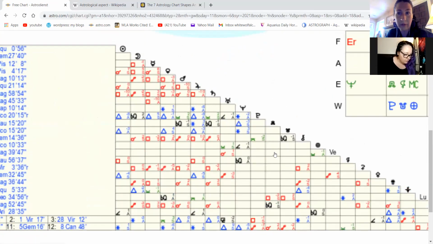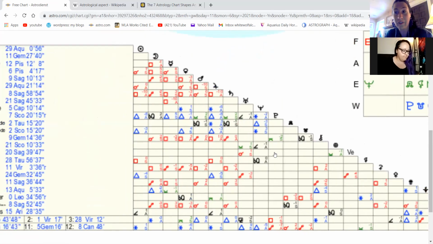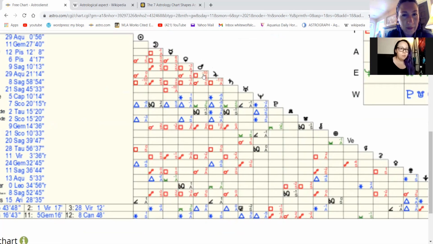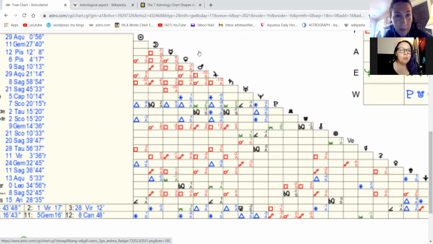All right, so we're going to focus on your natal aspects first. We left off at conjunctions. So you have the sun conjunct Venus, Mercury conjunct Venus, and the sun conjunct Jupiter.